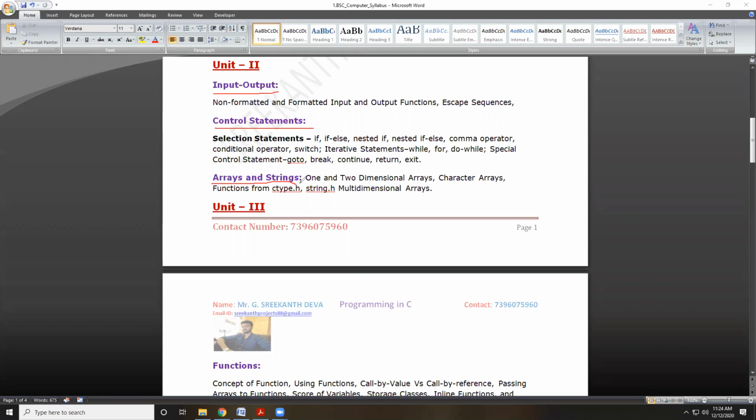Next, arrays and strings. The third part of Unit 2 is arrays and strings. There we'll discuss what arrays are and what the use of arrays is.